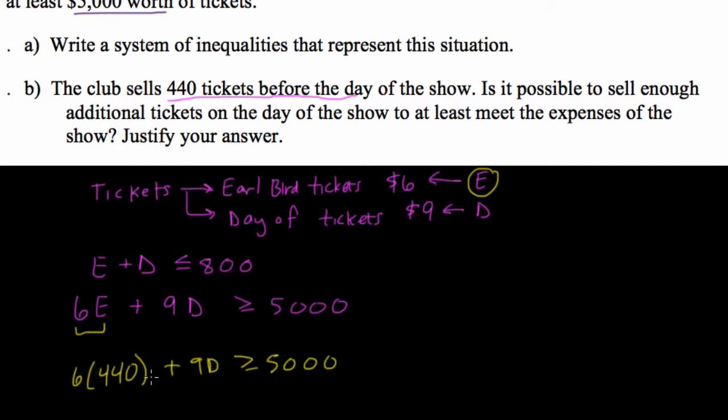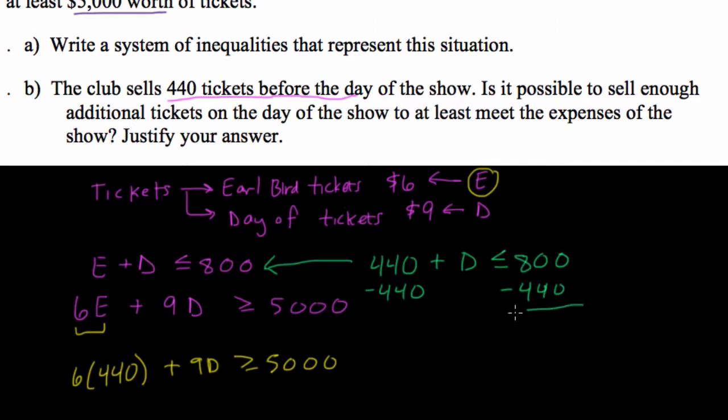Here we could plug in 440 and solve for D, which we'll do in a moment just to verify that we can do that. But another thing we can do, in the first equation, if we know we have 440 early bird tickets, we can quickly find out how many tickets are left to sell for the day of tickets. We subtract 440 from both sides.